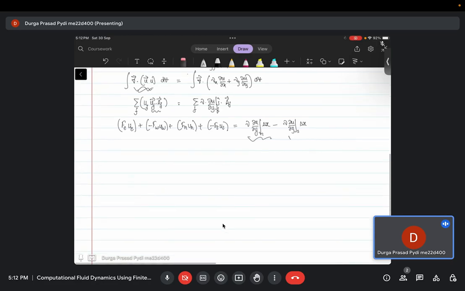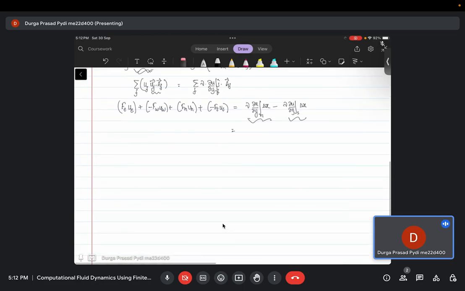This can again be written as D north times (u north minus up) and D south times (up minus u south), where D north is essentially mu times delta x by delta y and D south is essentially the same.